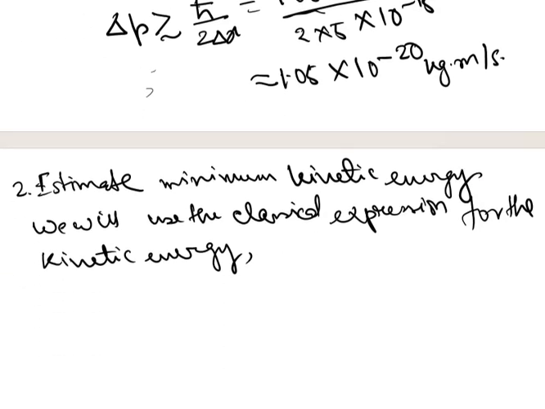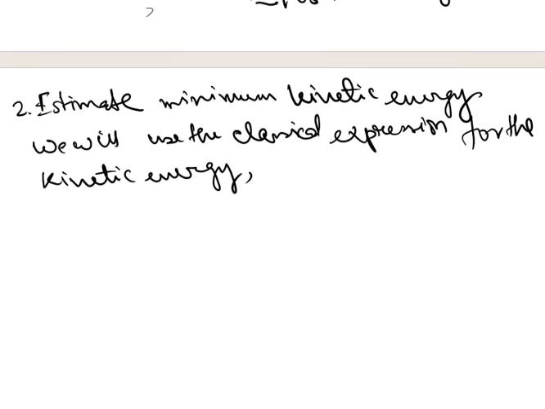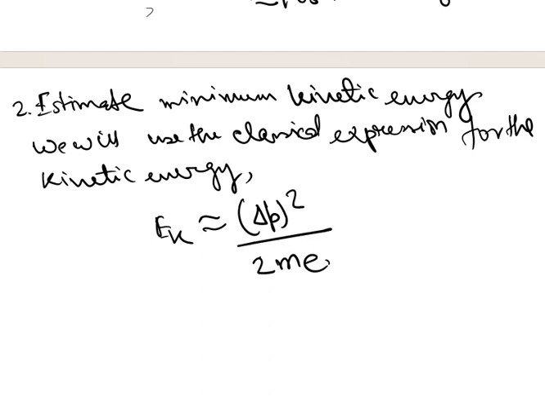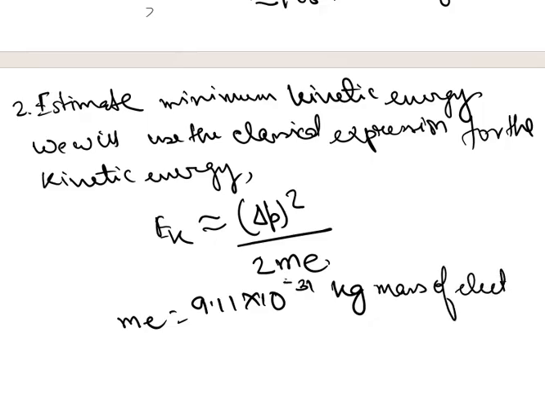So we have Ek equal to del P squared by 2me, where me equal to 9.11 × 10^-31 kg, the mass of the electron.